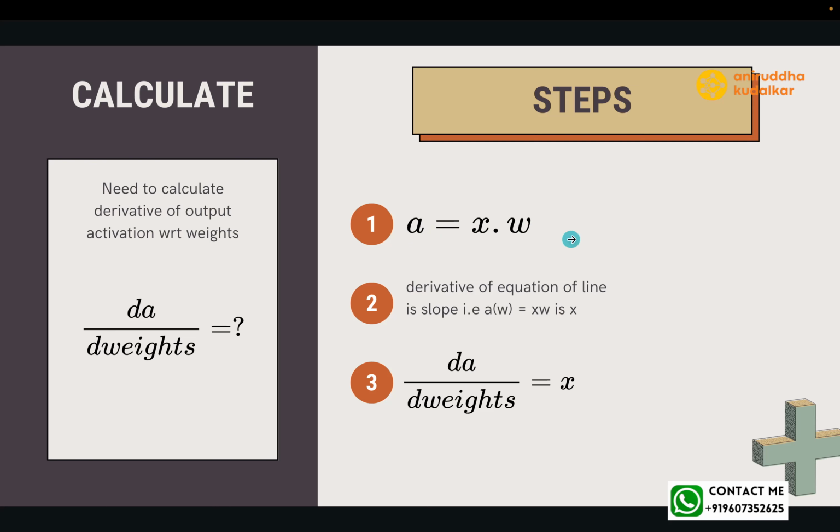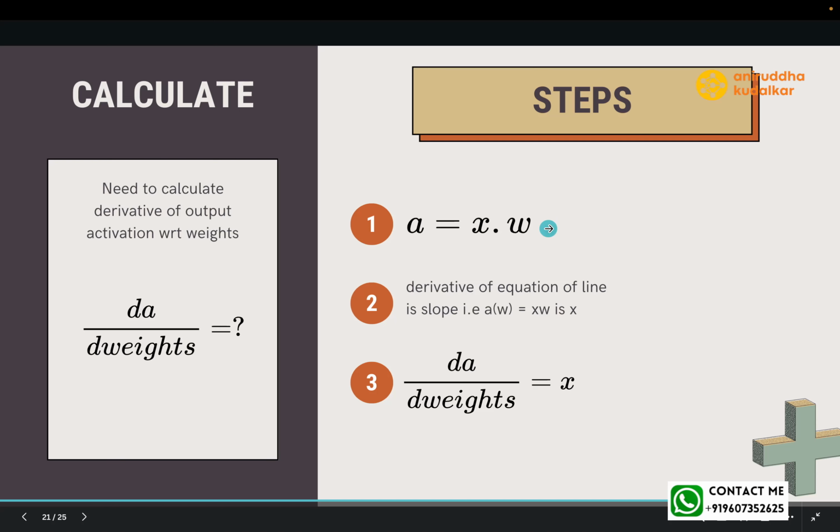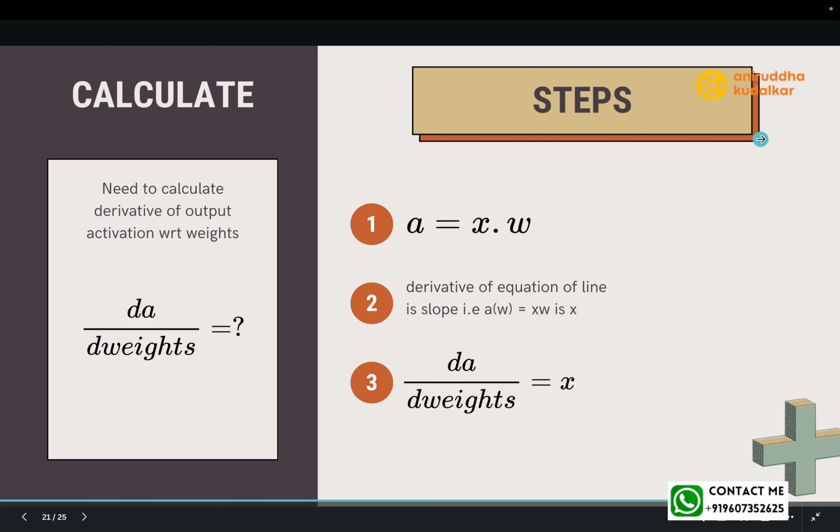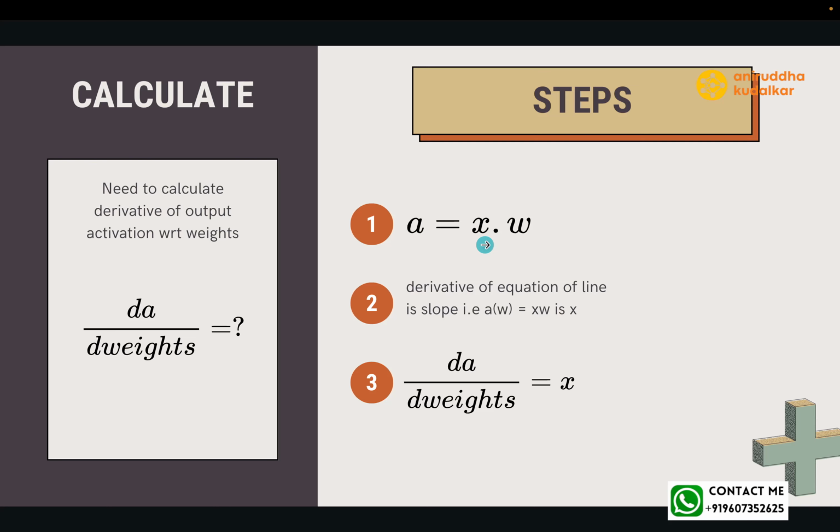Consider that this is a straight line passing through the origin, as the y intercept is missing because we don't have a bias term here. If you draw the line, it will pass through the origin. If you differentiate it with respect to weights, the answer is the slope, in this case x.